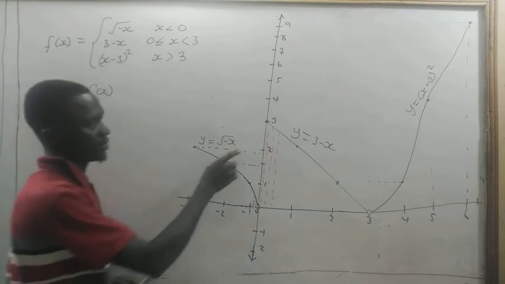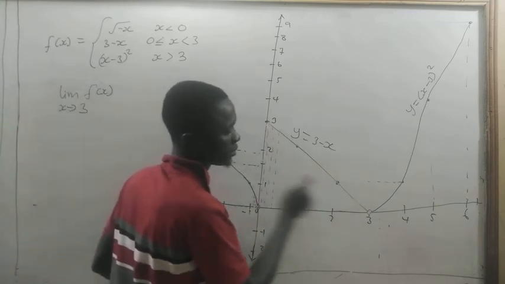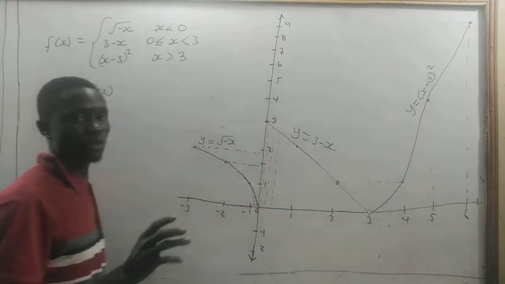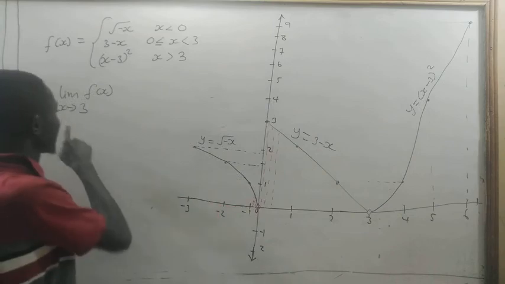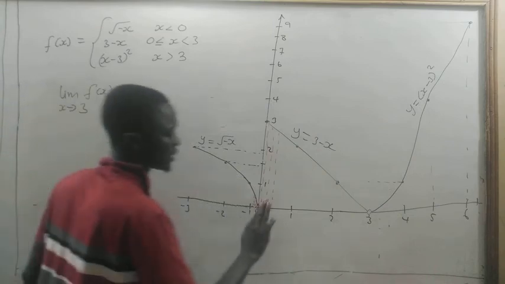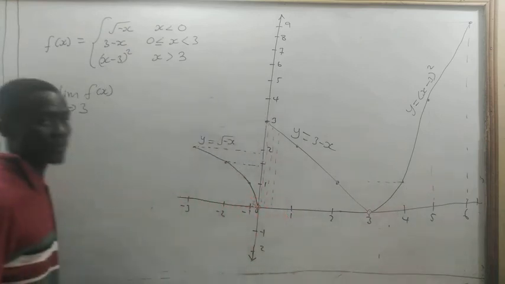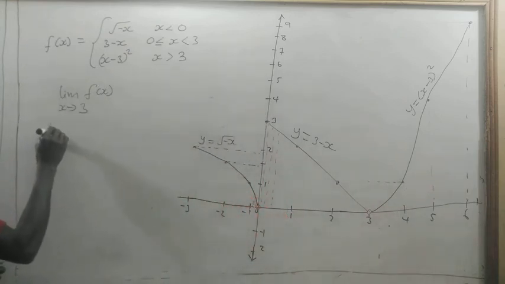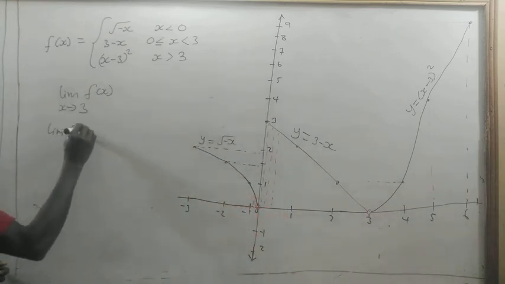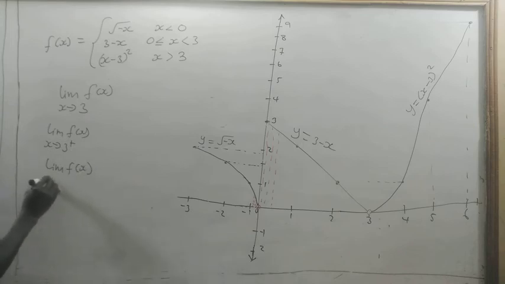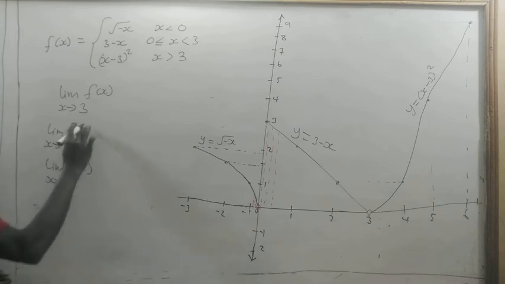You see that this line goes to 3 and this curve also comes to 3. So as x approaches 3, we have to look at the left hand limit and then the right hand limit. So we are going to take the limit of f of x as x approaches 3 from the right, and the limit of f of x as x approaches 3 from the left.